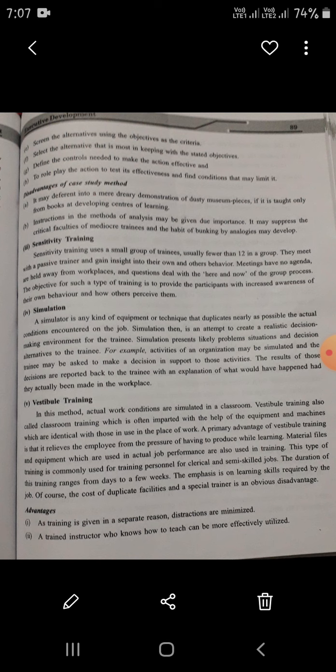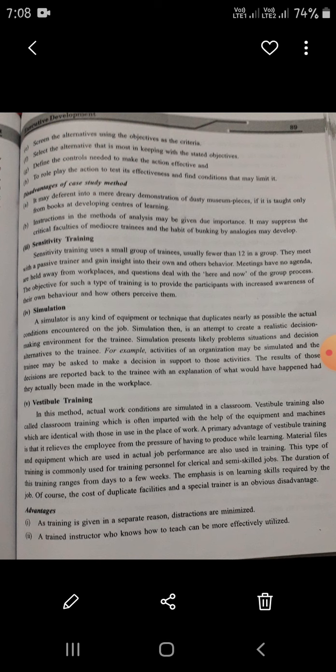For example, activities of an organization may be simulated, and the trainee may be asked to make a decision in support of those activities. Next, vestibule training, the fifth important method. In this method, actual work conditions are simulated in a classroom. Vestibule training, also called classroom training, is often imparted with the help of equipment and machines which are identical with those in use in the place of work.